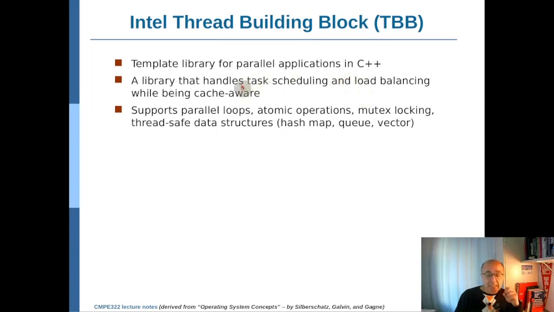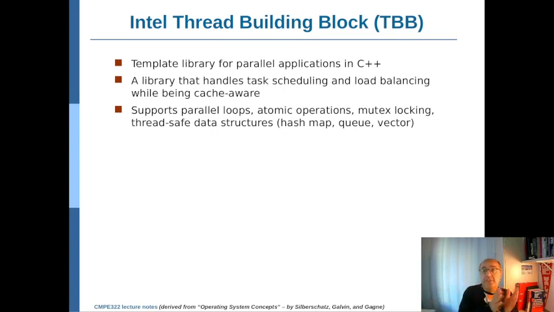But while doing this, it is cache aware. That means, for example, when it is doing task scheduling and trying to decide which thread is to be executed next, which thread goes into the available core, it's looking at the availability of the data in the cache.